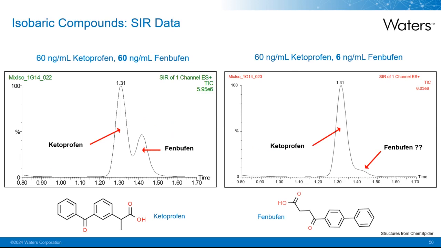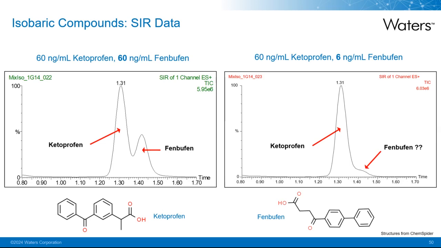This is quite a nice example of two NSAIDs, or non-steroidal anti-inflammatory drugs, ketoprofen and flurbiprofen. On the left-hand side, we have a sample that contains 60 nanograms per mL of ketoprofen and 60 nanograms per mL of flurbiprofen. And while they're not completely separated, we can see two peaks in the single ion recording chromatogram at m/z 255.